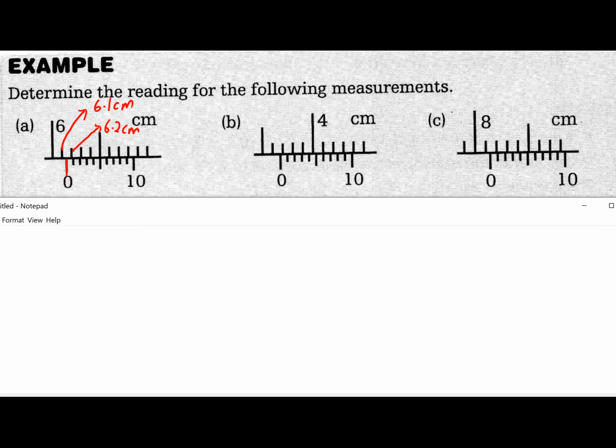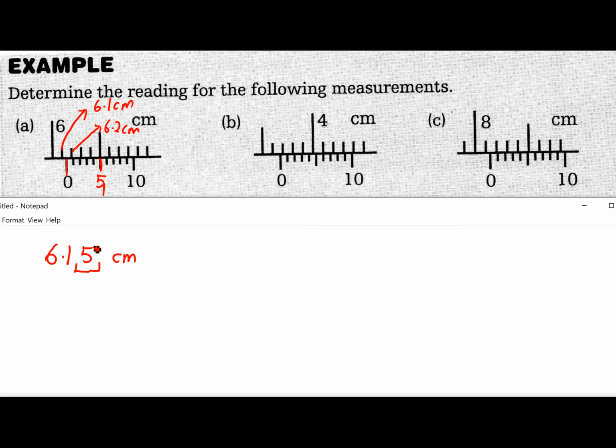So it must be 6.1 something centimeters. The second decimal place comes from the vernier ruler. And the vernier ruler, this marking is aligned, and this marking is marking number 5. Hence, the second number is the number 5. So the reading is 6.15 centimeters.